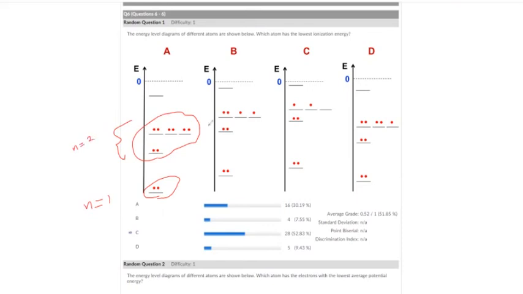Now, the ionization energy is the energy required to remove an electron, right?